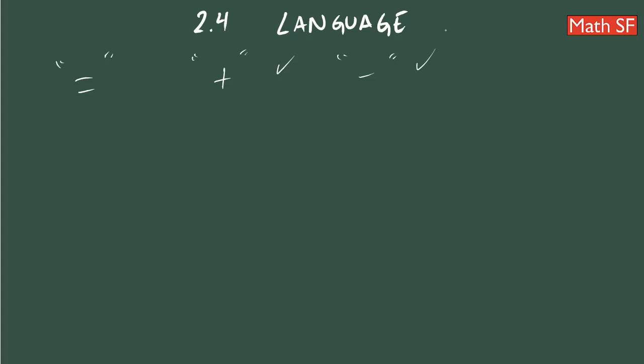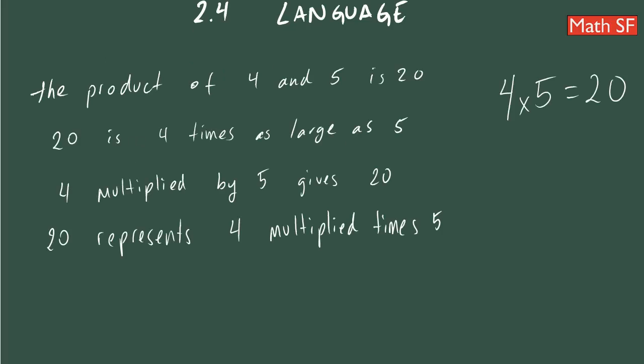Now what do we need to learn? Now we need to learn the multiplication symbol and the division symbol. When it comes to multiplication, we can read this as the product of 4 and 5 is 20, or 20 is 4 times as large as 5.